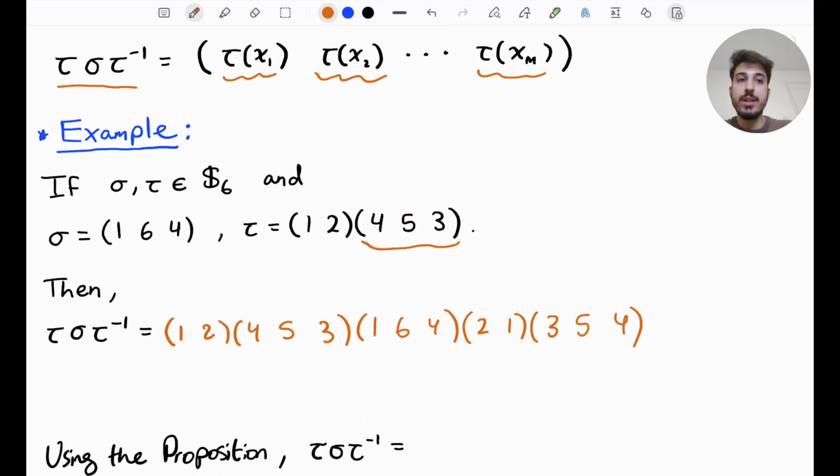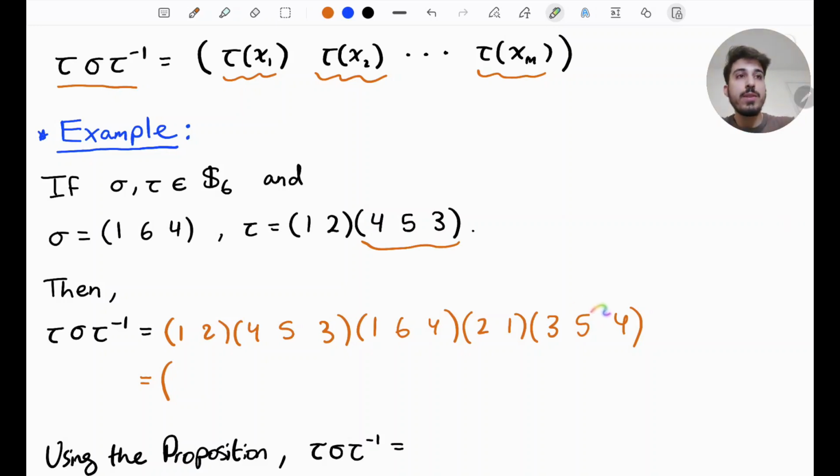Anyways, we have our composition here, and it's time to get into the calculation. We have that the element 3 is sent, so let me use a laser here. So 3 is sent to 5, and 5 is sent nowhere here, nowhere there, and here 5 is sent to 3. So 3 is in fact sent to itself, and we do not write 3 in the cycle because it is fixed.